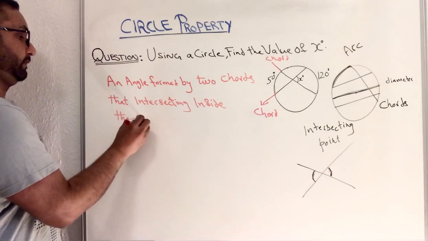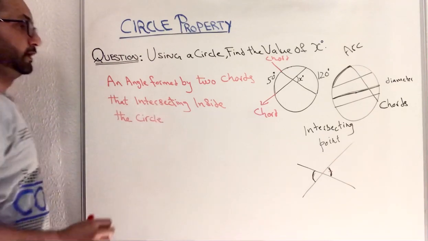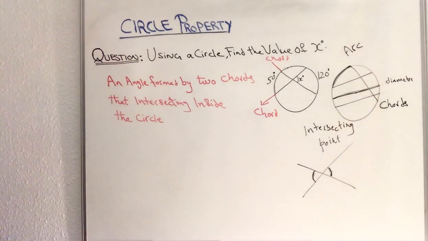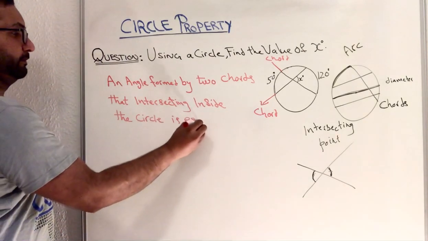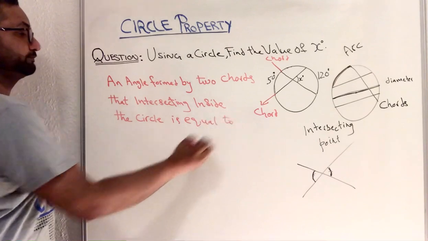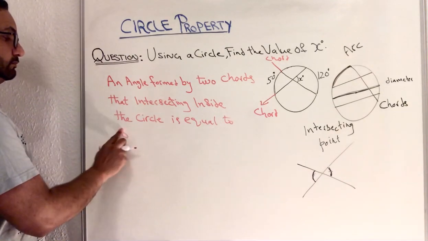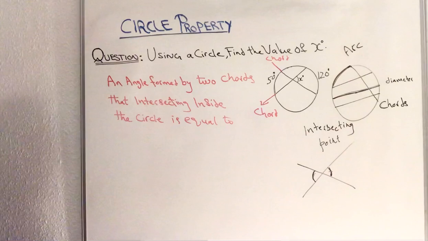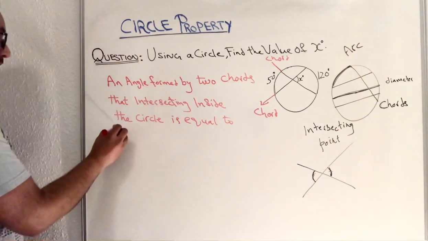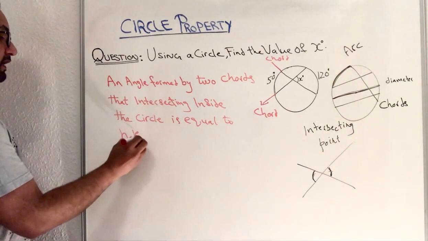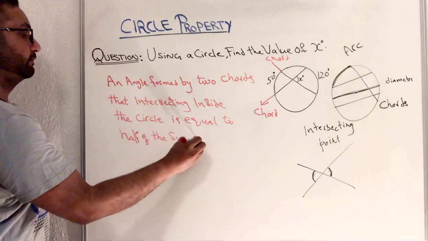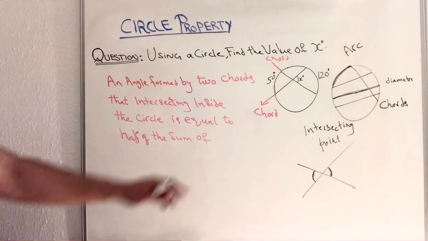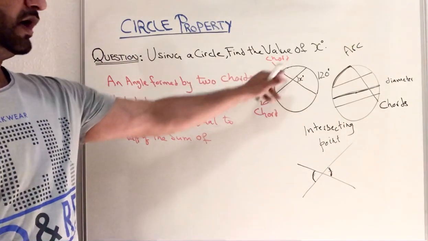When you are finding an angle, it is equal to half of the sum of the arcs.